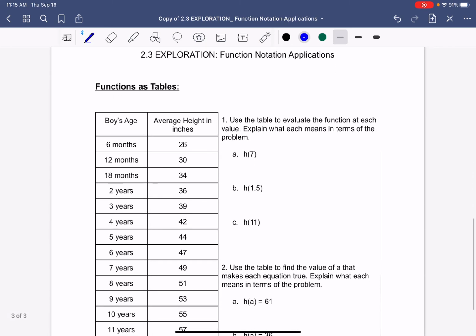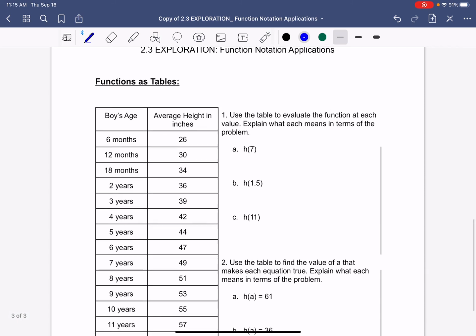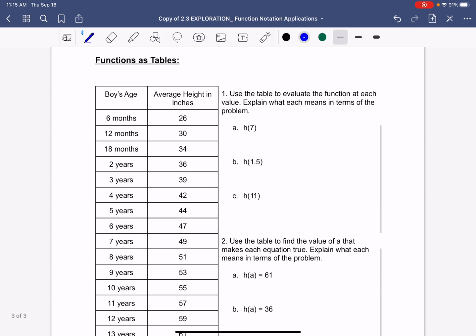All right, a table is a little bit easier, okay? Function tables. So you use the table to evaluate the functions at each value. So explain what each one means in terms of the problem. So h of 7. We have a boy's age and the average height in inches, okay? So it's the height at that age.